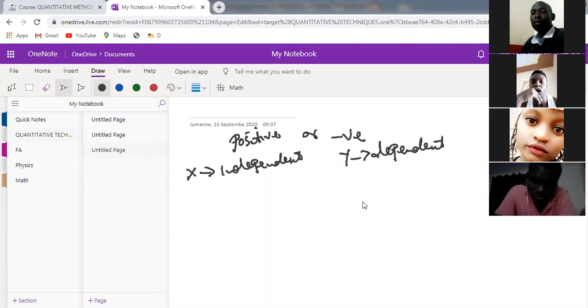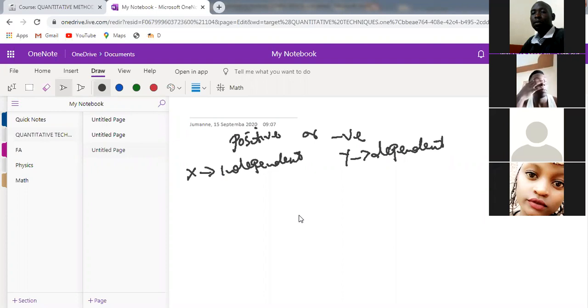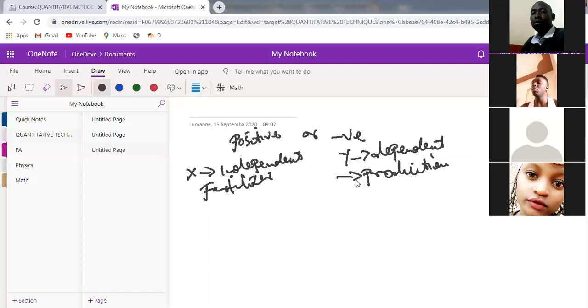What do I mean by moving in the same direction? You can have a case like this. If, for example, we are talking about fertilizer that you apply in your farm and production, the fertilizer will be your independent, and the production will be your dependent, because the fertilizer is driving the production.